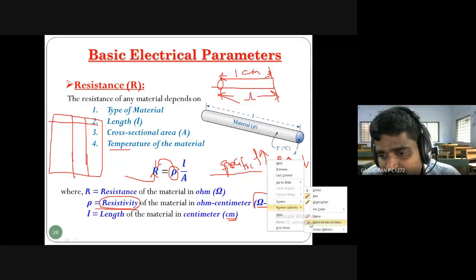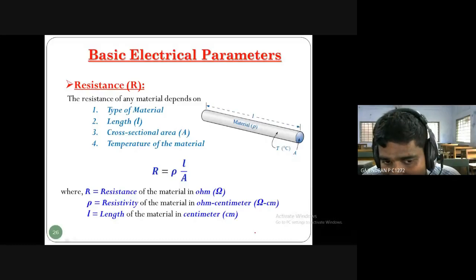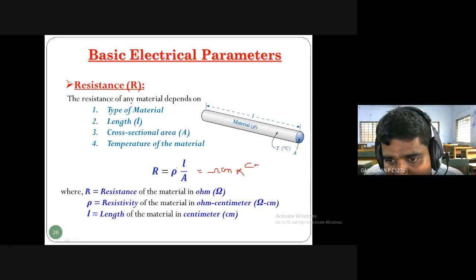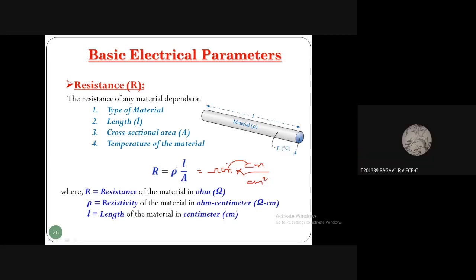Did you note that down? Shall we move from here? Yes, sir. Okay? Formula-wise, you can just substitute the units and check. Rho is ohm centimeter, into length, which is again centimeter, over area, which is centimeter square. If you multiply centimeter into centimeter, you get centimeter square.